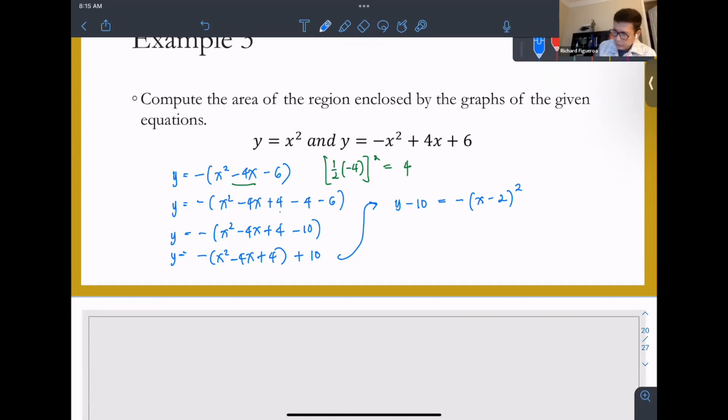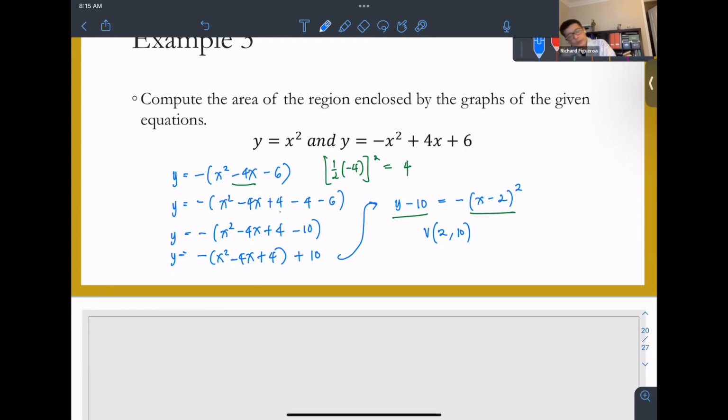And from here, we can say that the vertex can be taken here and there. So for the x, x minus 2 is equal to 0, so that makes x equal to 2. And y minus 10 gives 10.